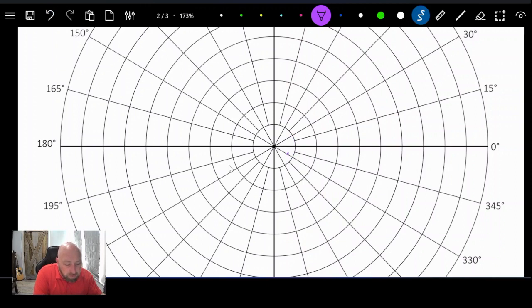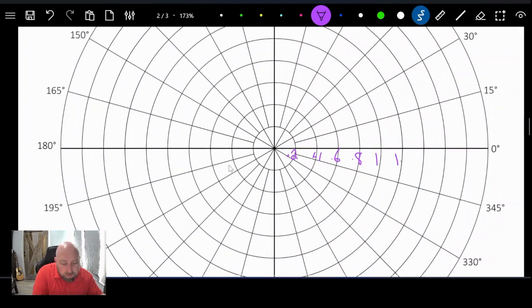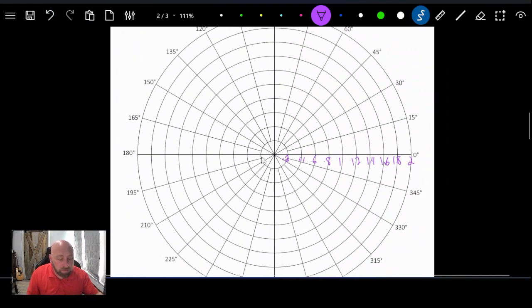So this will be 0.2, 0.4, 0.6, 0.8. There's 1. There's 1.2, 1.4, 1.6, 1.8, and 2.